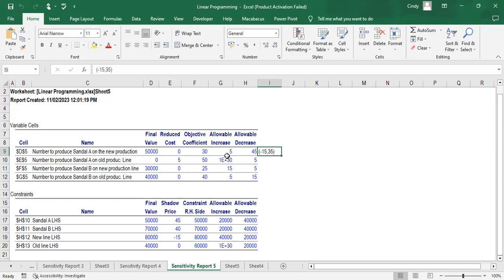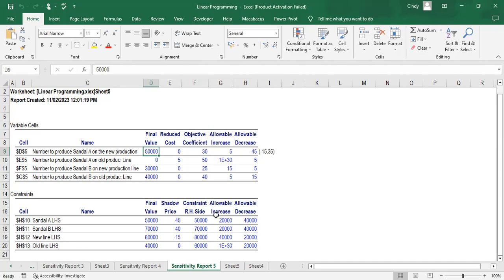Anything below or above or on the boundary, you are going to have an effect. So every decision you take has an effect. But if you allow the objective coefficient to be within this range, then the final value will not change, right? It's only the objective function value that will change.